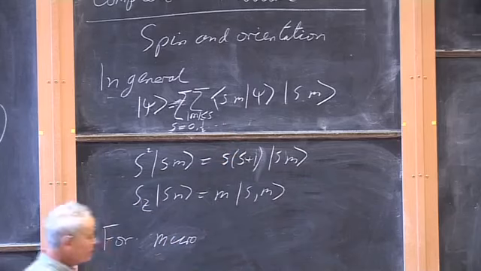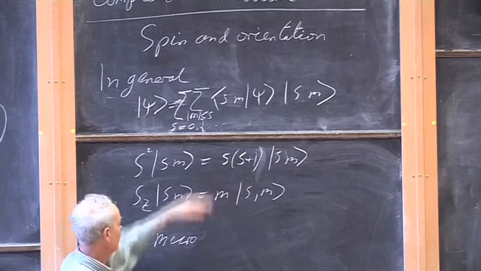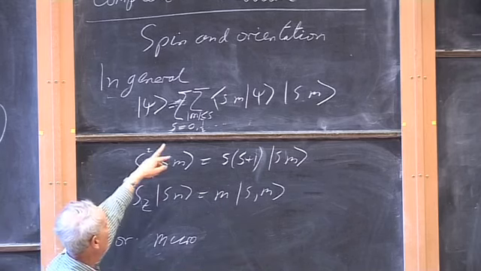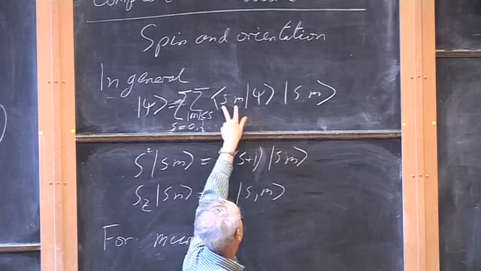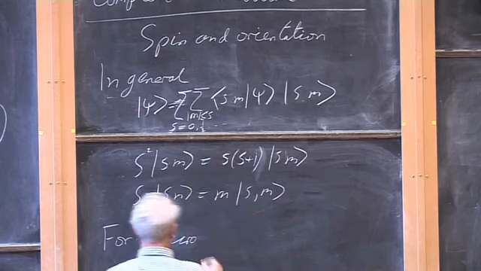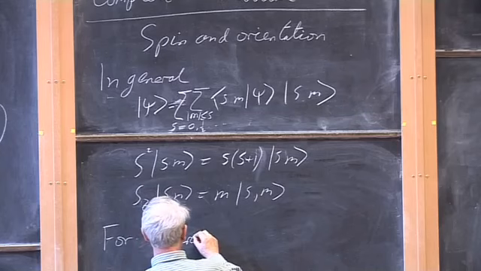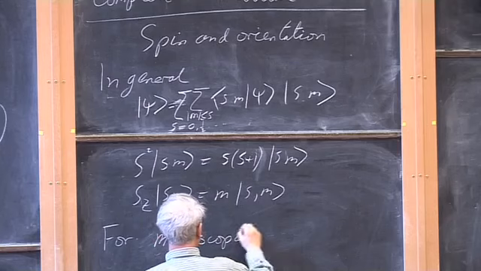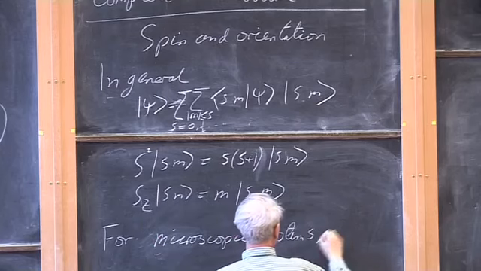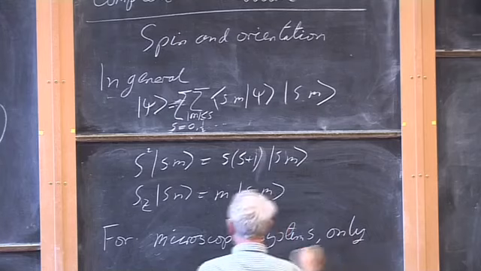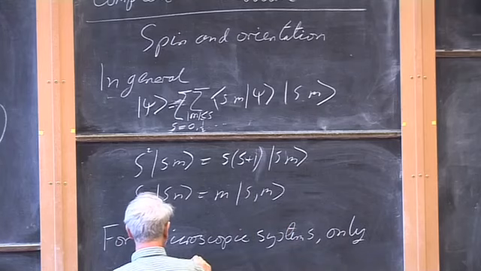But if we're dealing with an electron or an atom or whatever, we don't have to sum over all these things. Only one value of S has non-vanishing amplitude. So this is going to vanish for real systems except when S takes one particular value. So for microscopic systems, only one value of S occurs.